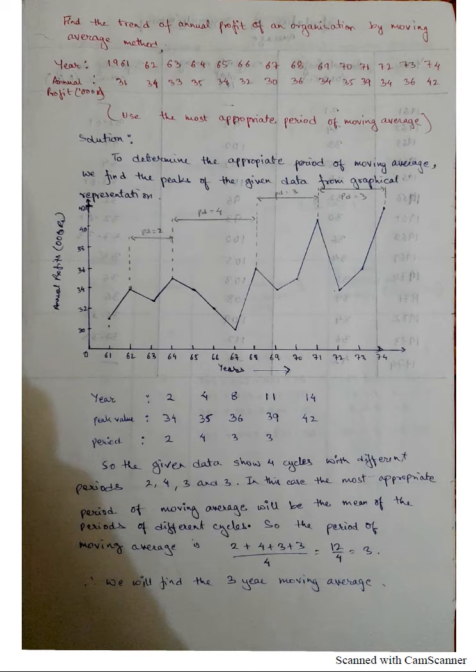So now first we look at the year 1961. This represents 1961. What is the profit here? 31. Between 30 and 32 we have 31, so in the middle of 30 and 32 against 61 we plot 31.